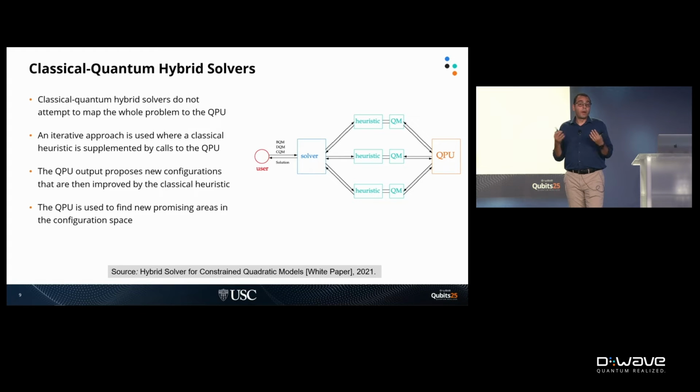So we combine the benefits of both worlds. With the QPU, we can find more solutions that we can't reach with the classical part only, and then we can heuristically refine these solutions after we get them from the QPU. So that's basically a perfect fit for our case.